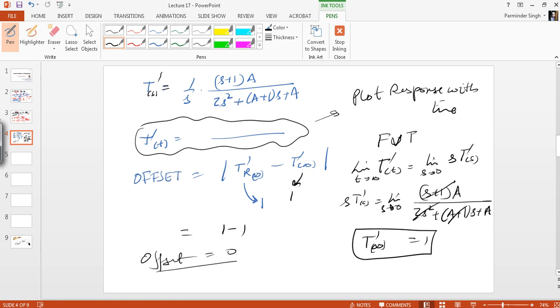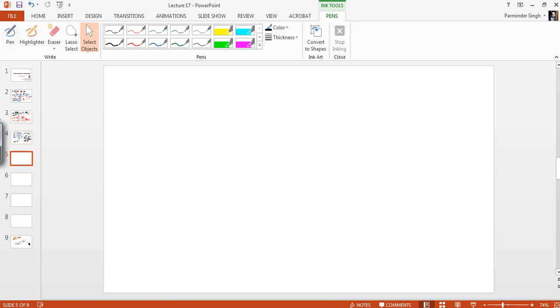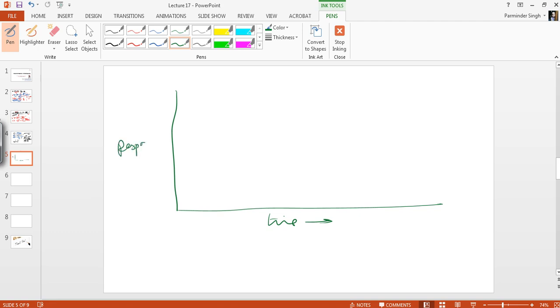So offset is 0. That means if we are using a PI controller system, the response, let's say this is the response of T dash R, that is 1, and that's the response of the one which is over here.